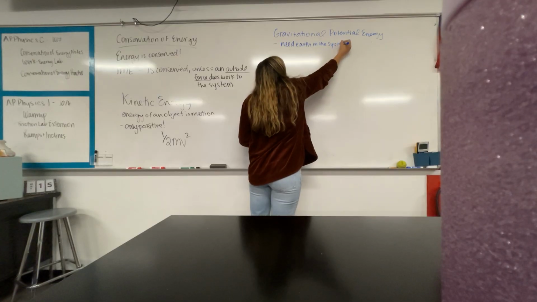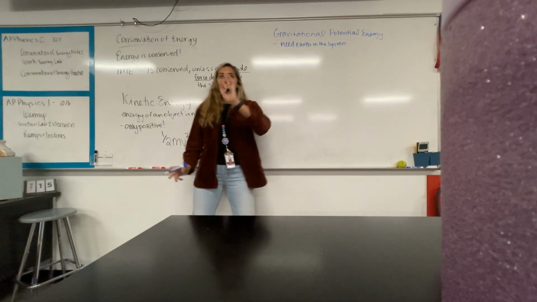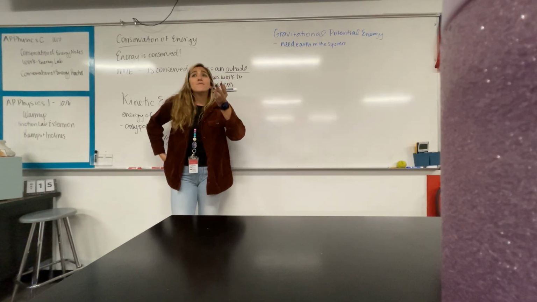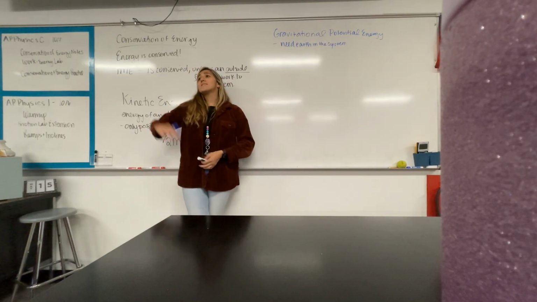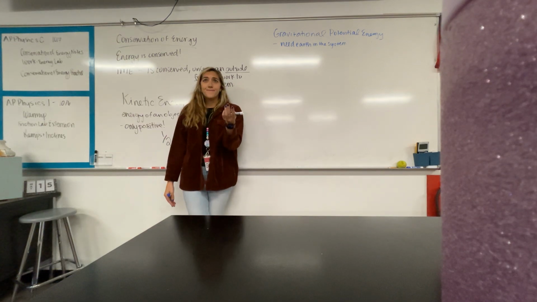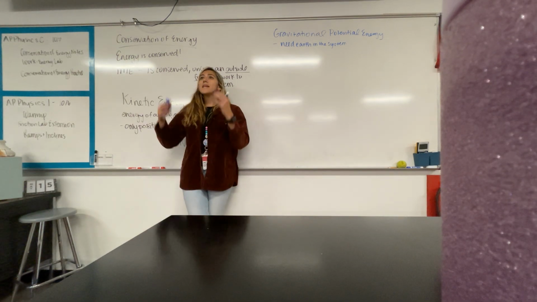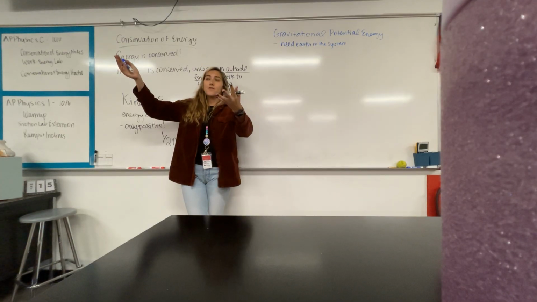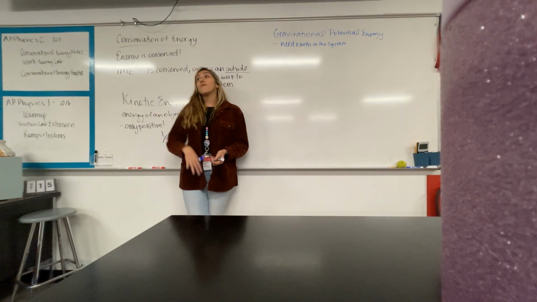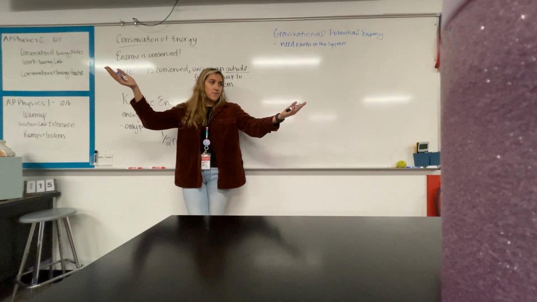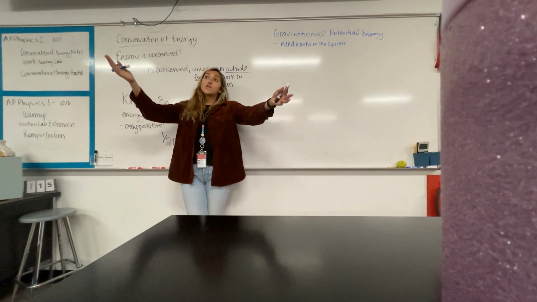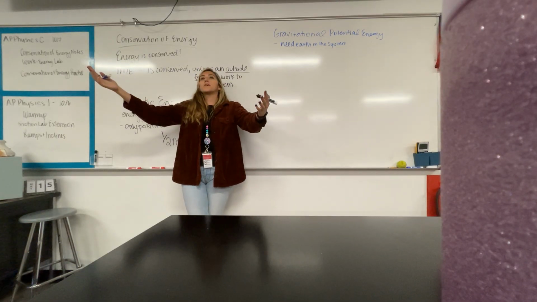I'll say this, that's 99.9% true. There is a scenario where they say, and this is a satellite orbiting Saturn. So what do I need in that system for the satellite to have gravitational potential energy? Saturn. They could also say this is the scenario of Saturn orbiting the sun. So for Saturn to have gravitational potential energy, what do I need in my system? The sun. Okay, I need that large mass that's actually causing a gravitational attraction.